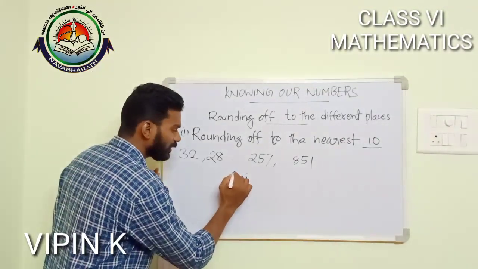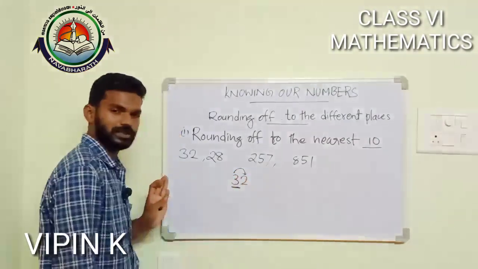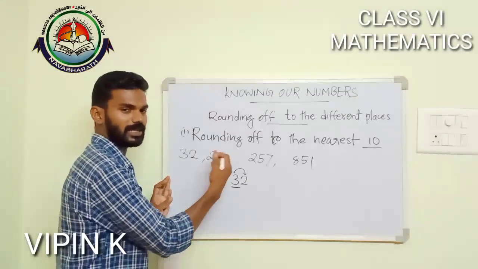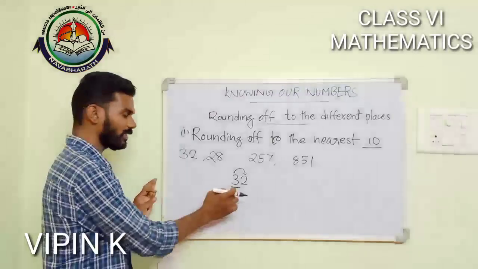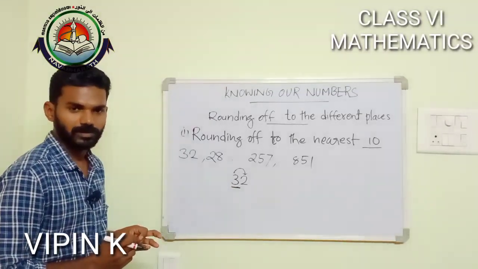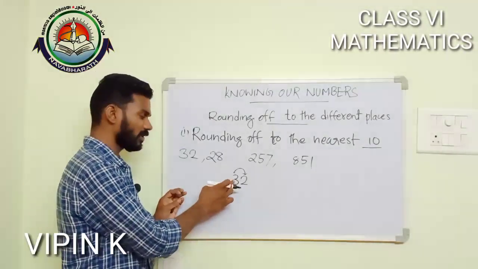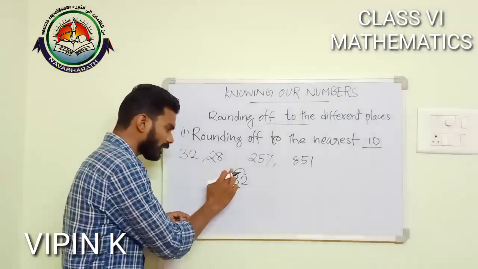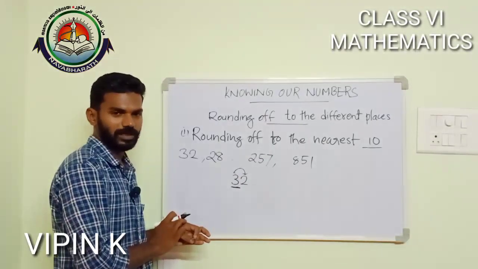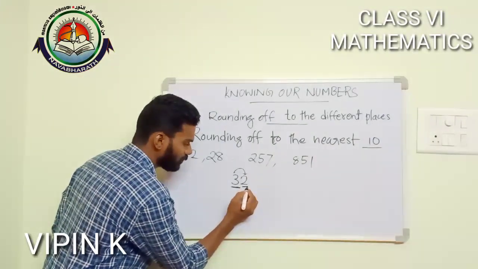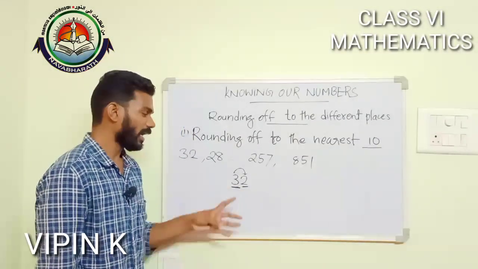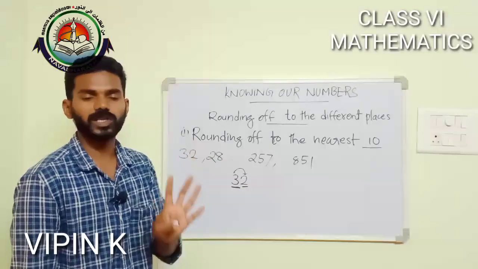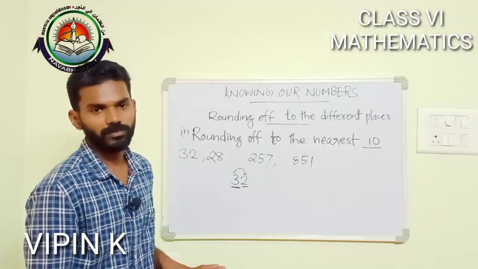Then consider the next digit on the right of that tens place. You can see that at the tens place here it is 3. And on the right of that 3, the digit is 2. Clear? The digit is 2. And this digit helps us to round off.